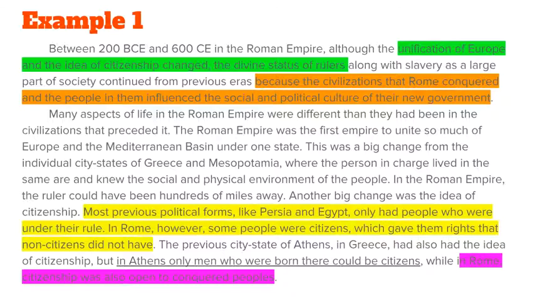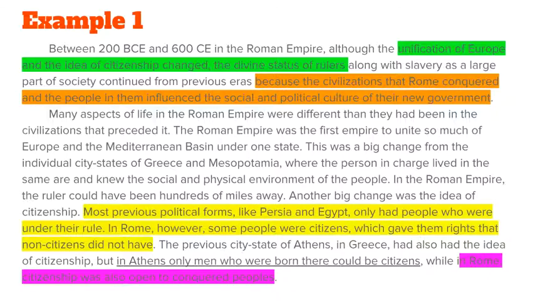Slavery, however, is much more of an economic structure or a social status of people within society. So that's not necessarily going to be a method of imperial administration. And in general, when we see students write about slavery in a prompt like this, it very often doesn't work because there's not enough discussion of the role of the state in slavery.